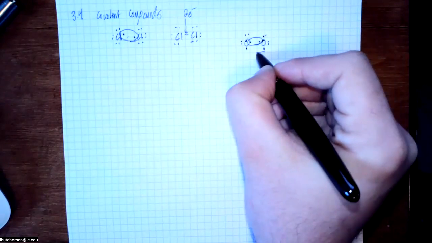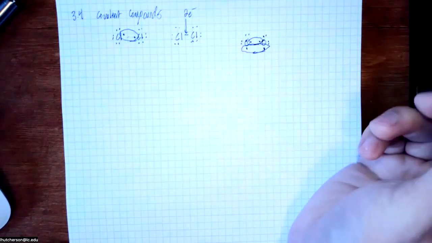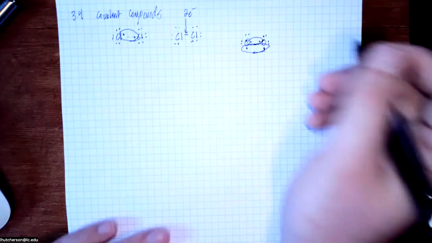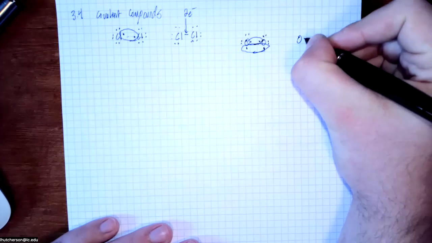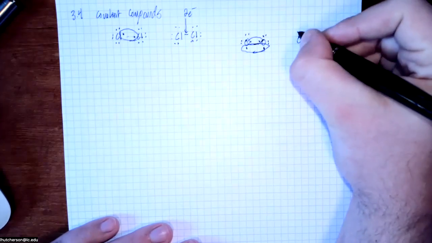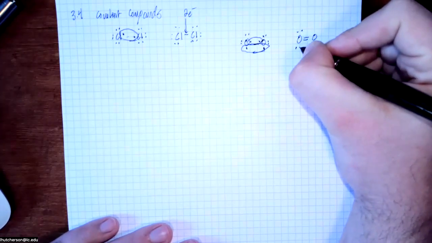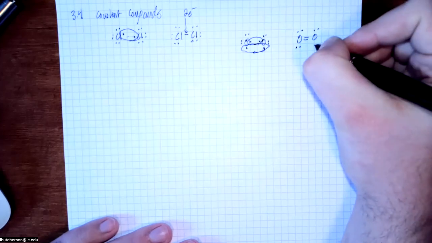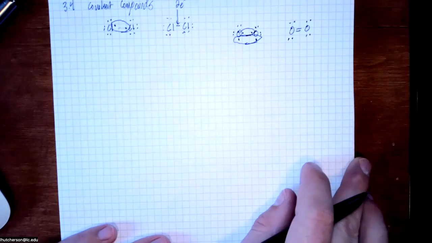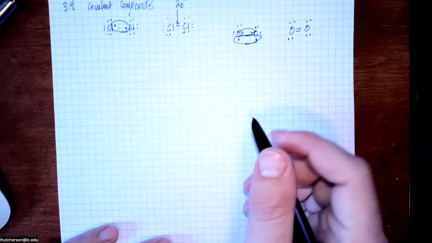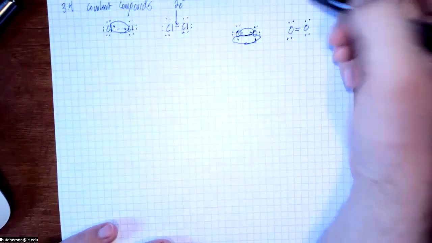That's still not enough. So let's share another set of electrons. In doing that, we have made a double bond to make this diatomic oxygen. By the way, this is the most common form of elemental oxygen. It's O2, bonded just like this.